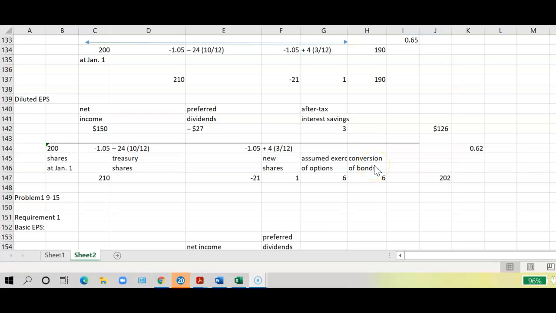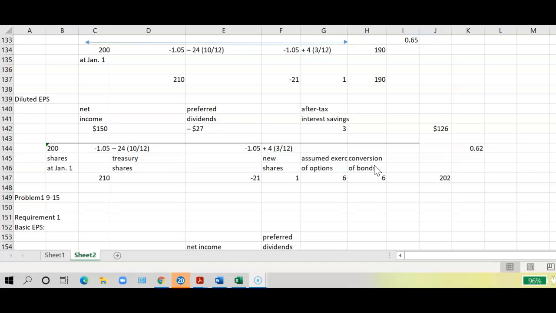Now, for the diluted earnings per share, we have to consider all potential shares that could be outstanding. There are two types of potential shares that could become outstanding. The first is the stock options, which are outstanding as of the end of December 31st, but we want to give a diluted earnings per share picture as if they were exercised.